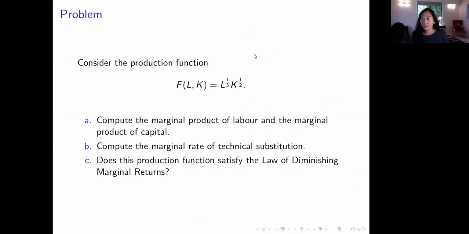Okay, I guess you finished this problem. Could you please type in the chat the answers for A, B, and C? A: compute MPL. What does MPL equal, and what does MPK equal?